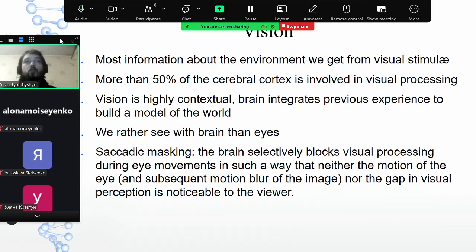What further underlines the importance of vision is that more than 50% of the cerebral cortex is involved in visual processing. You know that the brain is extremely expensive in terms of energy and oxygen that you use, so you will probably never spend 50% of that computational power on something meaningless. So it's really, really important for us.